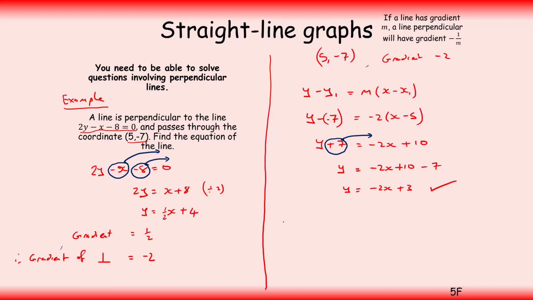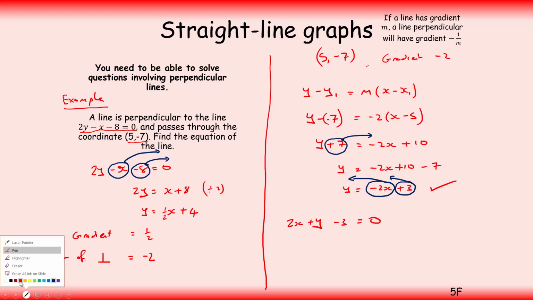You can write it in the general form of ax plus by plus c equals 0. So you can say, bring the 2x back over this side, 2x plus y minus 3 is equal to 0. And just for completeness, let's just show these two going back across the equal sign, where they change sign.